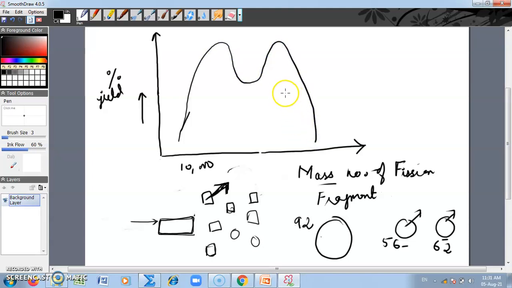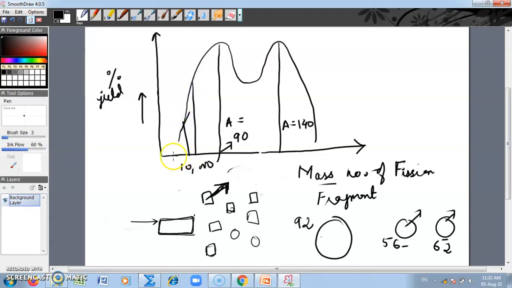And here you see we have two peaks, and the peaks are usually near A equal to 90 and A equal to 140. That means you will have elements whose A is less than 80.